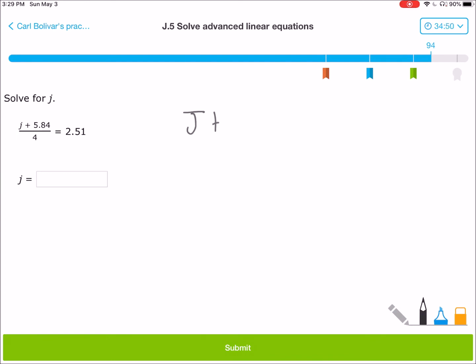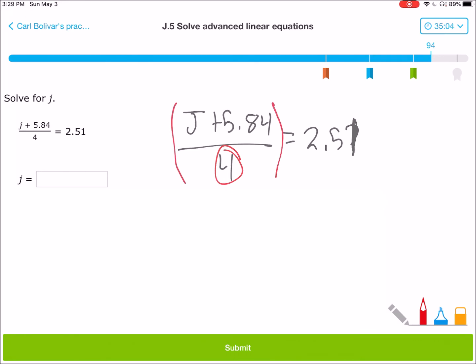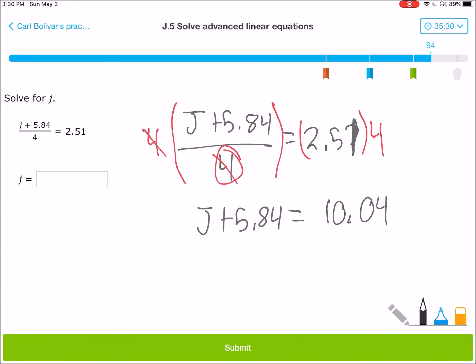j plus 5.84 over 4 is equal to 2.51. So first I want to eliminate this 4 from this division. So I'm going to multiply by the denominator, multiply by 4. This will give me j plus 5.84 is equal to 2.51 times 4. 2.51 times 4 is 10.04, I think.